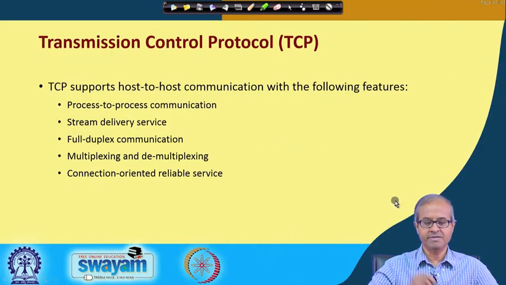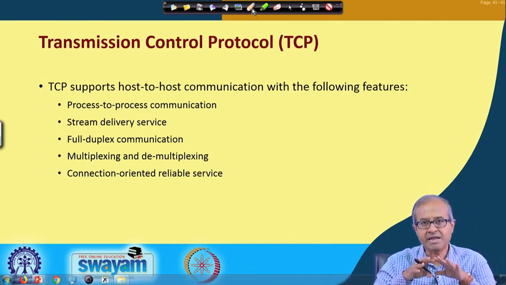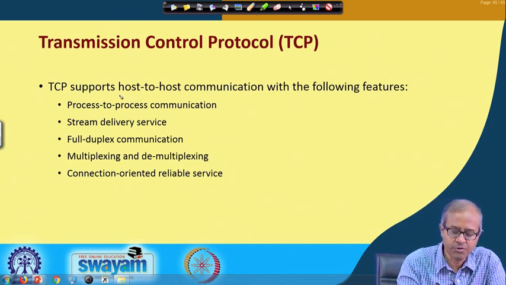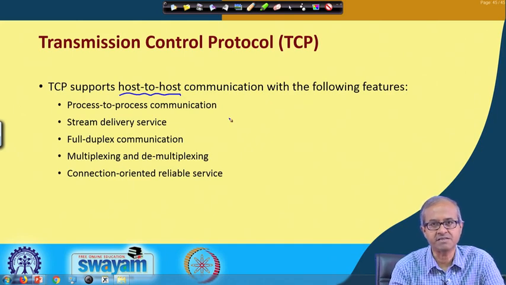Okay. So, let us start with TCP. TCP, we have already mentioned that at the transport layer level we have a host to host connection facility. So, TCP supports host to host communication facility and it supports a set of features.